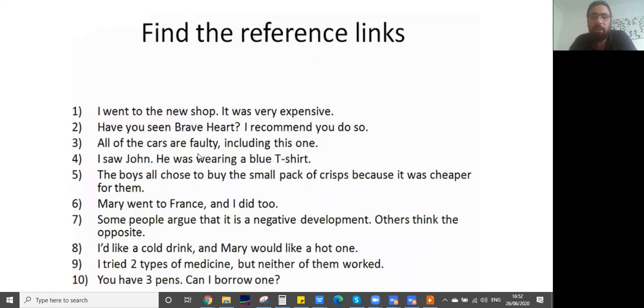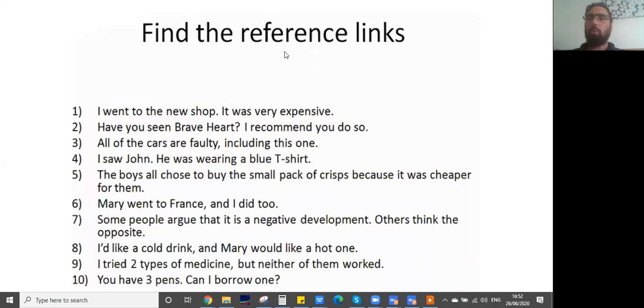Okay, so let's take a look at the other ones and tell me what forms of substitution, what words for substitution you have in each of these sentences. Actually, let's do it one at a time just to make it a little easier for you all. So let's do number 2 first. Have you seen Braveheart? I recommend you do so.